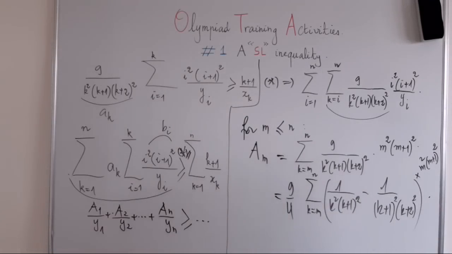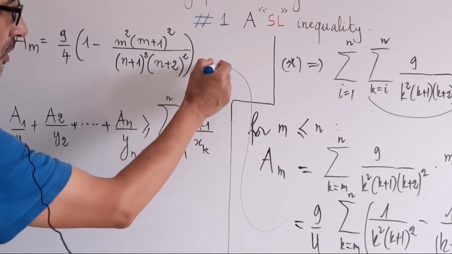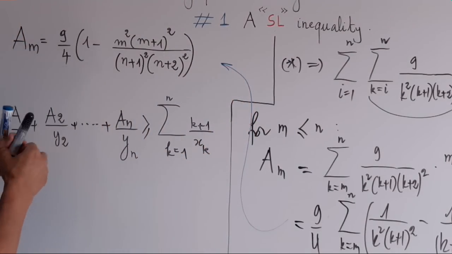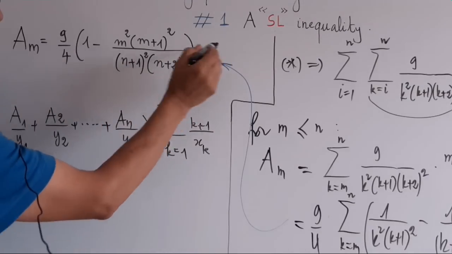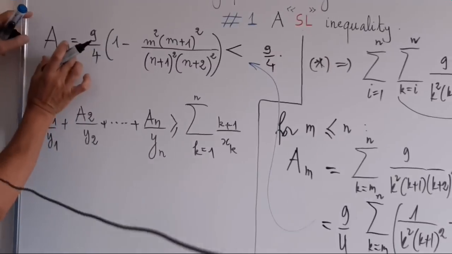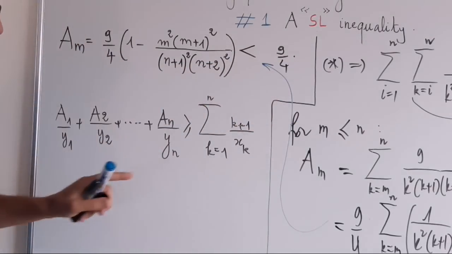Okay. Few moments please to complete this calculation. Okay, now finishing this calculation, we obtain this expression, which is clearly less than 9/4. So each constant is less than 9/4.